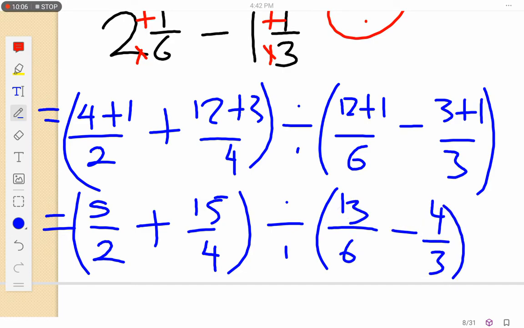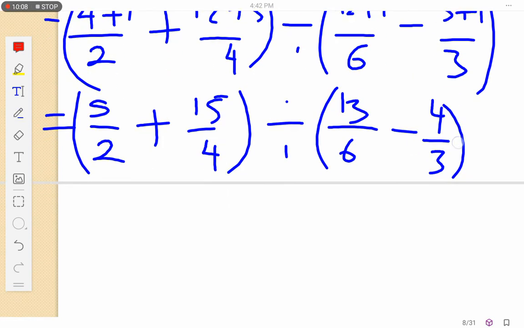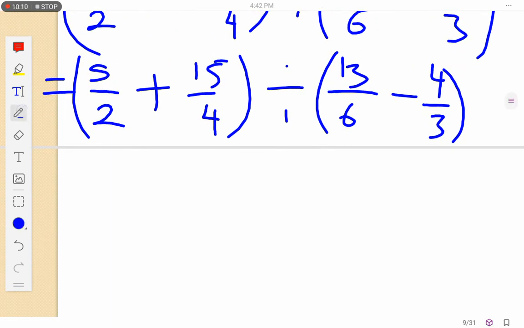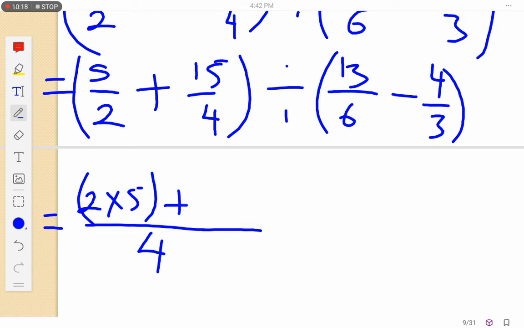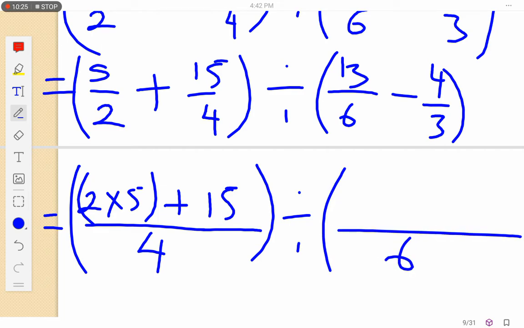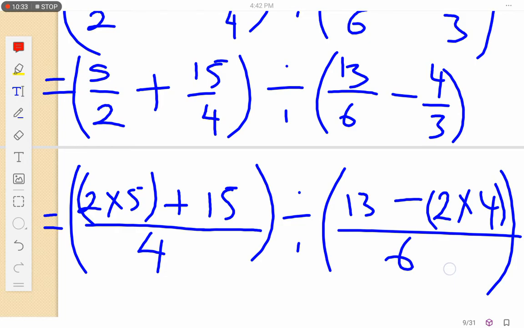Okay, like that. Let's find the lowest common multiple for the denominators. I'll have for the first one 4. 2 into 4, I'll get 2 times 5 plus 15 here. That's the first part. Then divided by the second one, I've got 6 as the common denominator there. Then I have 13 minus 2 times 4 there. Okay, let's simplify that.